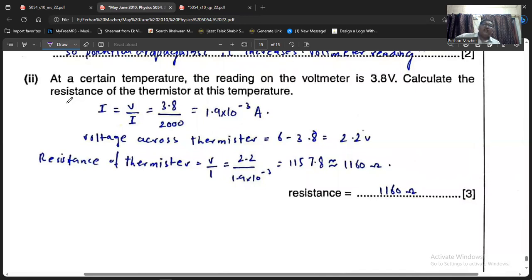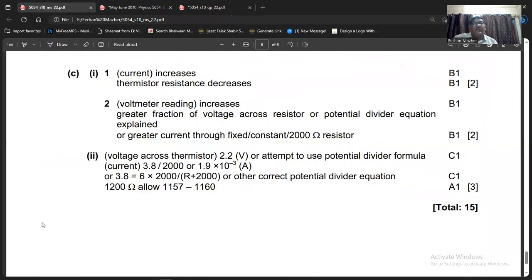The current flowing through the thermistor, because they are in series, is the same as through the fixed resistor. So 2.2 divided by 1.9 × 10^-3 is 1157.8, which is approximately 1160 ohm. That's the right answer.